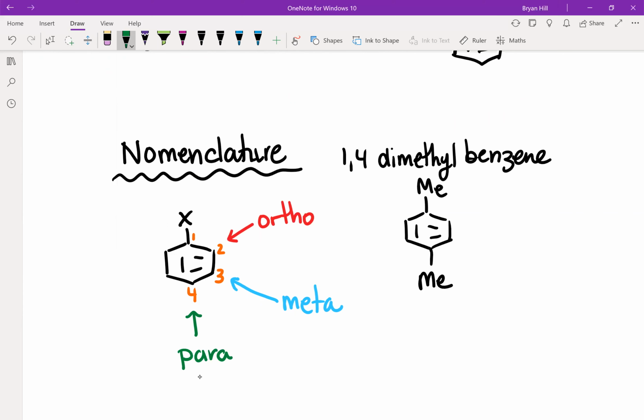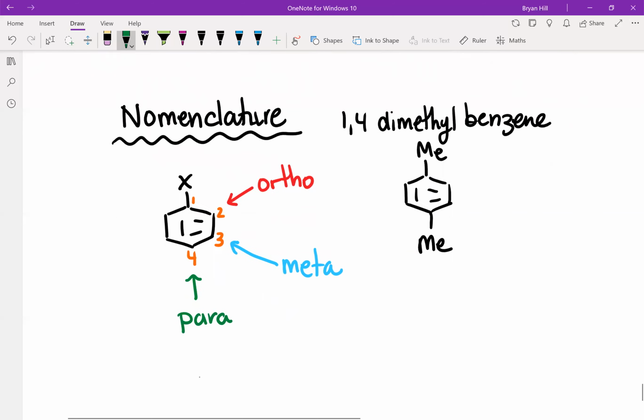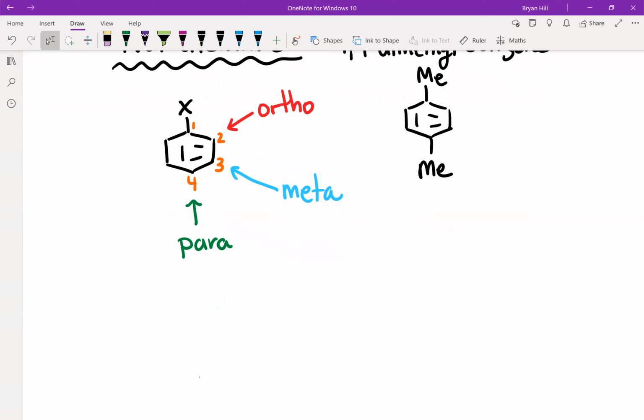So sometimes it might be para-dimethylbenzene, for example. There are just different ways of naming it. Ortho, para and meta are probably what we're going to use because it's easier. So that's what we'll talk about.